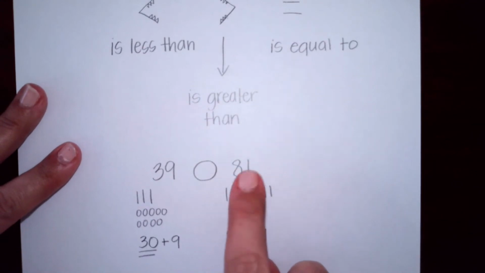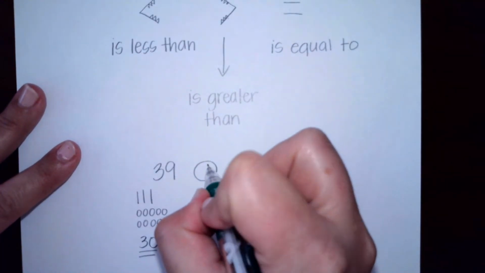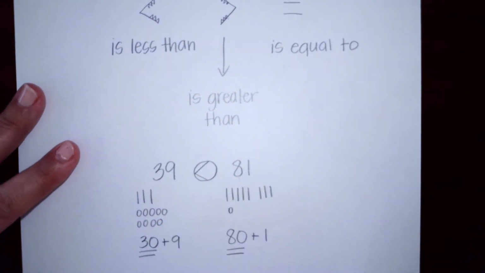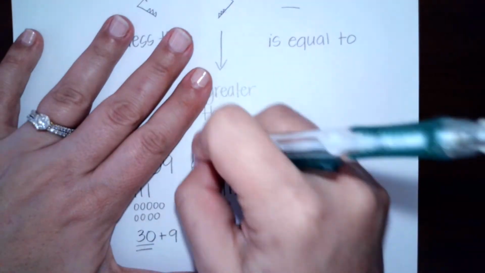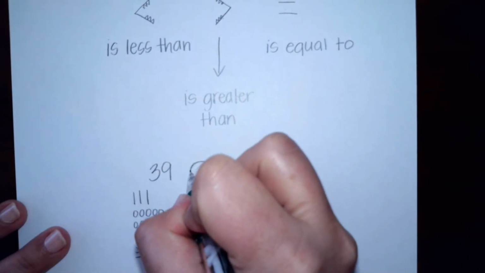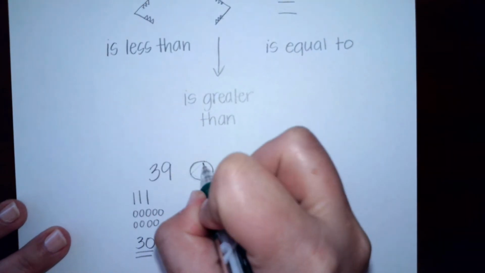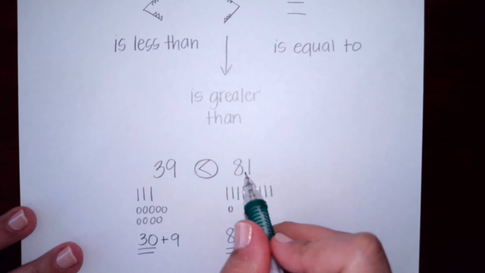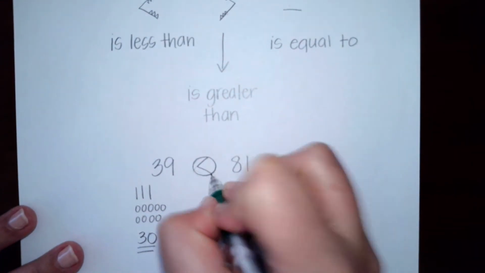So my alligator wants to eat that 81. Let me draw that a little more clear. So the open space always goes to the bigger number.